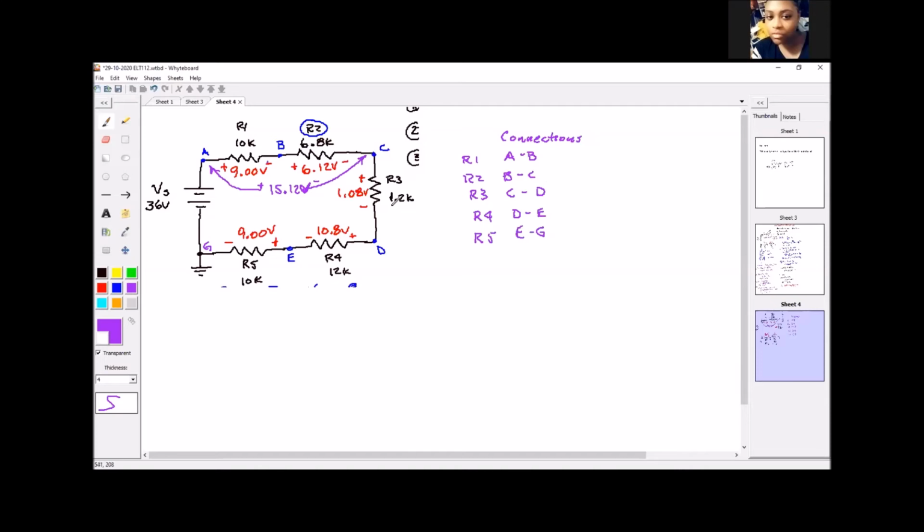If you were going from 5 to 1, would you not say from ground to A? Well, I'm just looking at the resistor connections.